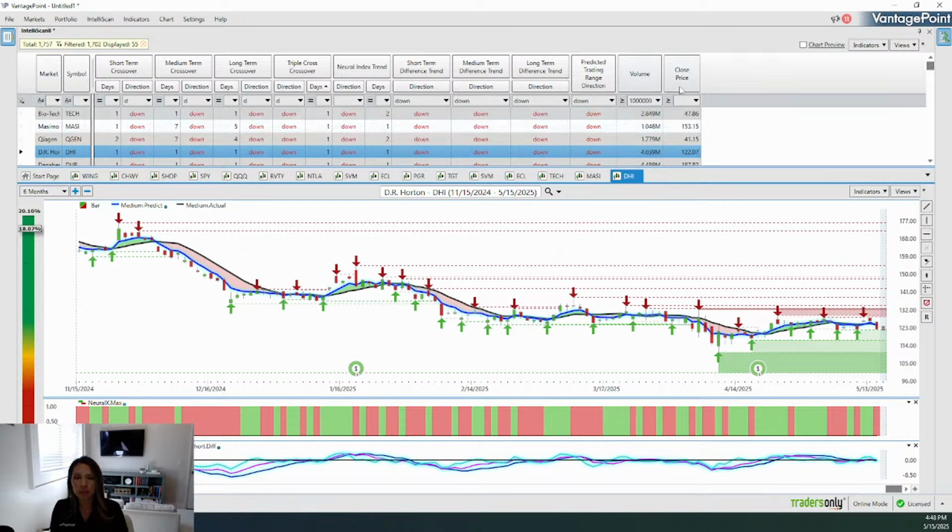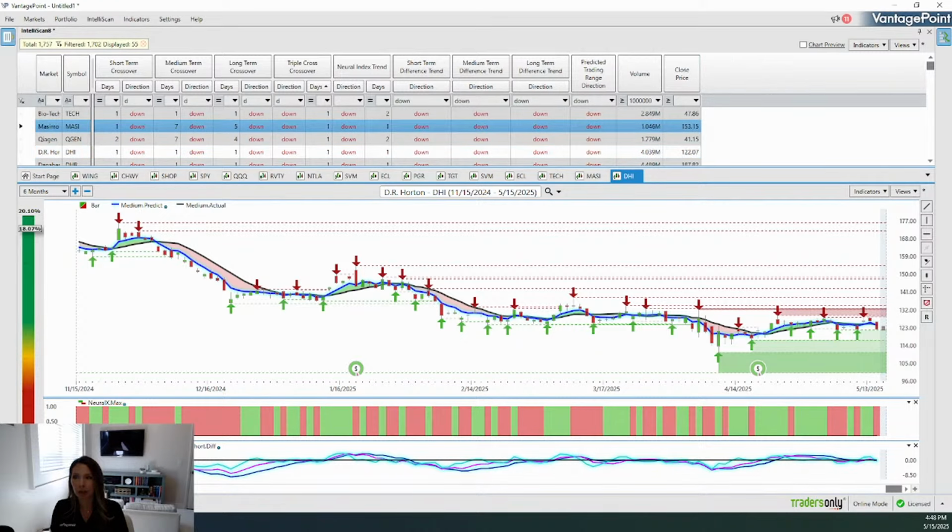All right. Now, that's 4 different types of scans that we created, right? We actually created 2 different types of reversal scans, one that reversed to the upside, one that reversed to the downside, and then we looked for continuations of both of those as well.